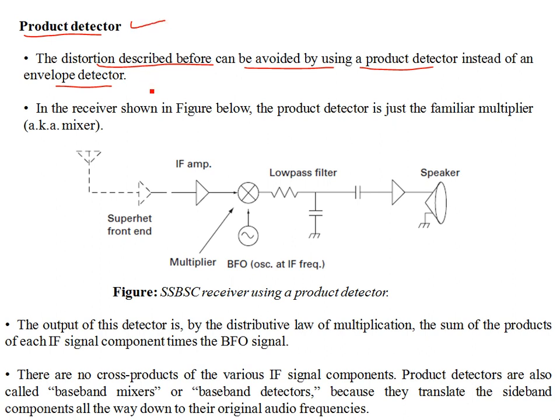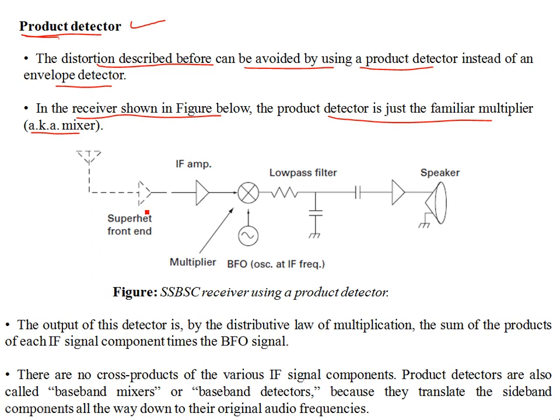The methodology is that, as the name implies, product, it's simply a mixer, so it is also known as the mixer. In the receiver shown in the figure below, the product detector is just the familiar multiplier.